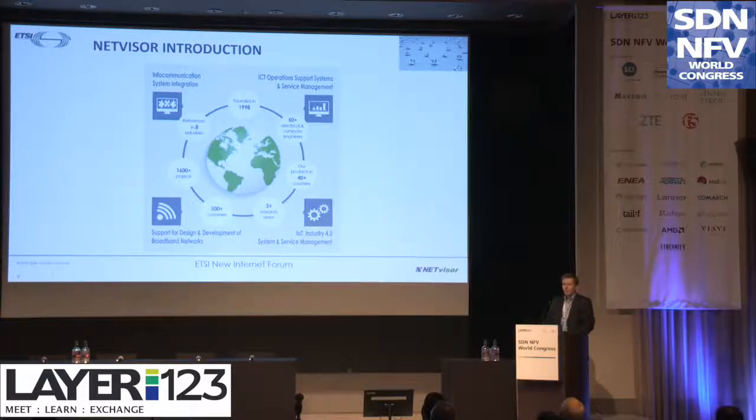Basically, we focus on four areas, such as info communication, system integration, ICT operations, support systems, service management, support for design and development of broadband networks, and recently IoT Industry 4.0 system and service management. And this talk is related to that area.